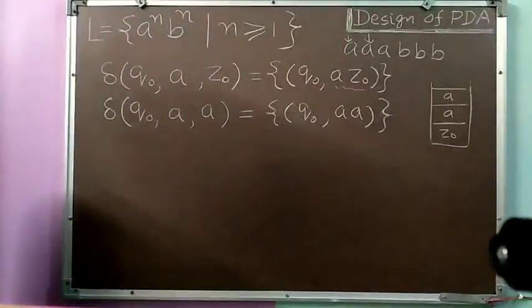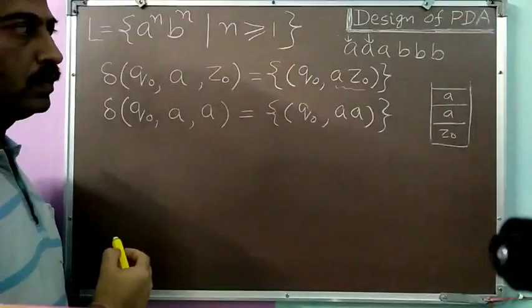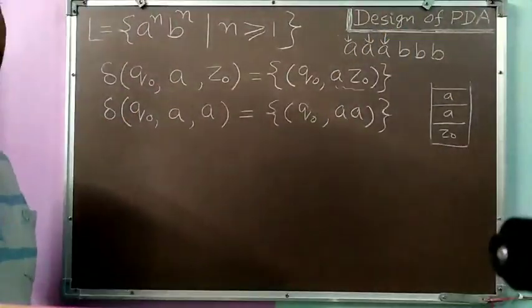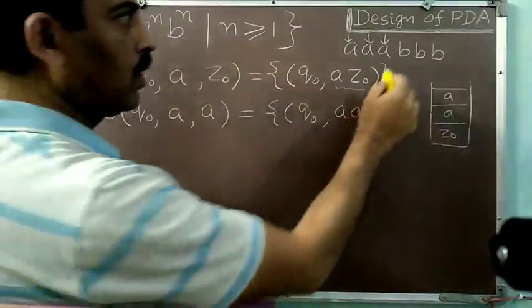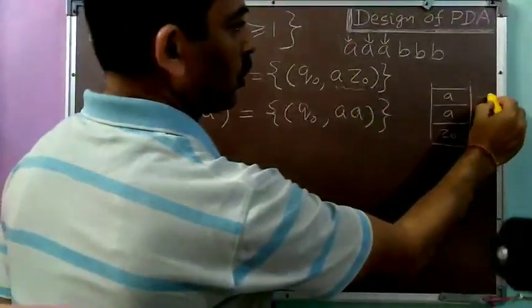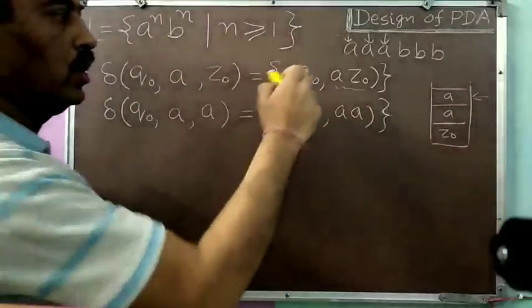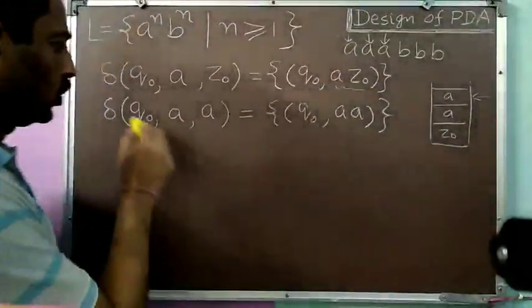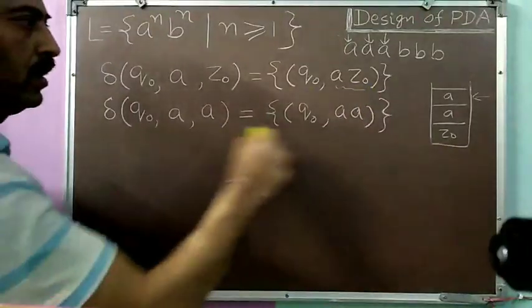Now again I will be in the state Q0. In the input I will be getting another symbol A. So Q0, A, and the top of the pushdown store is A. So again, this is a situation corresponding to Q0, A, and A. Corresponding to it, I have already written this transition.